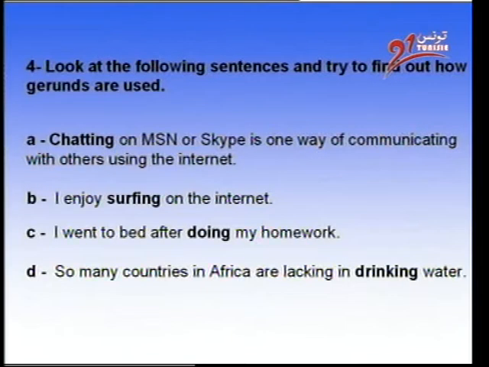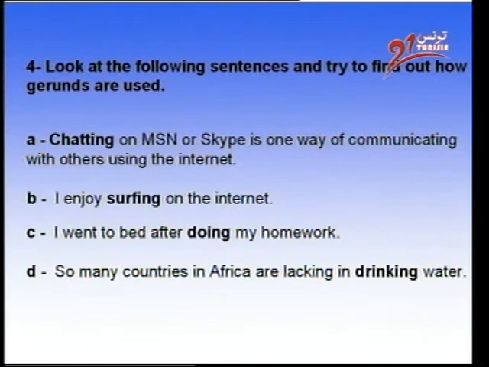Now let us move to more practice. Look at the following sentences and try to find out how gerunds are used. Chatting on MSN or Skype is one way of communicating with others using the internet. I enjoy surfing on the internet.